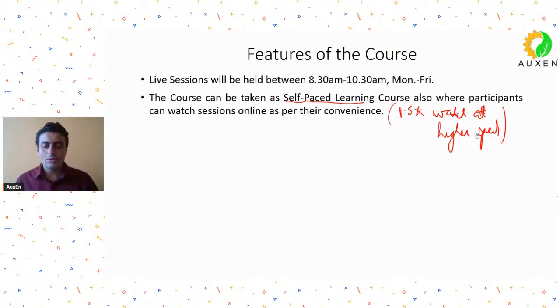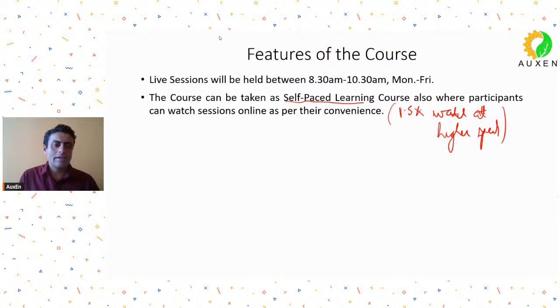Usually I also watch my own sessions sometimes, if I have to revise or recollect something. I will also watch them at 2x or 1.5x speed. I think that is a great way of saving time, because in live sessions we tend to go a little slow, and our speed of speaking is also slightly slow. And if we are repeating a concept, then it unnecessarily is a time waste for those who have already understood it.